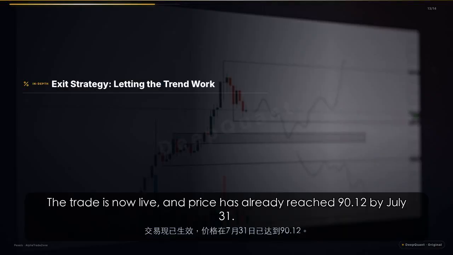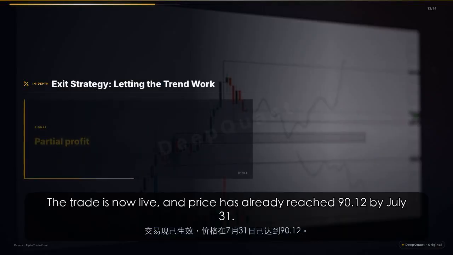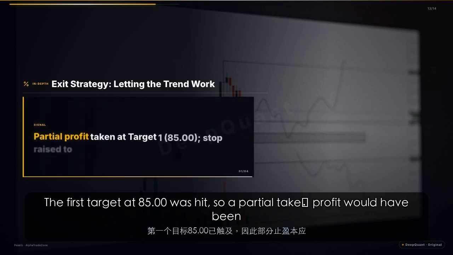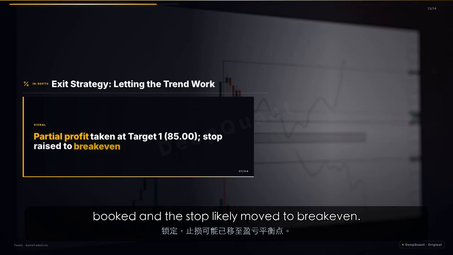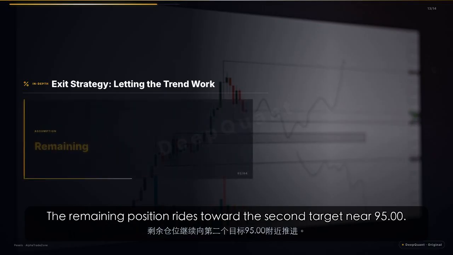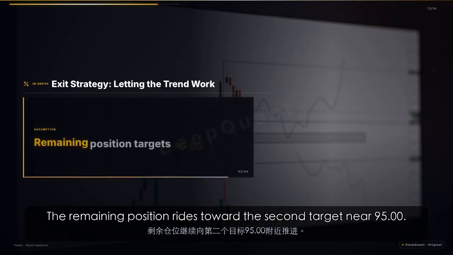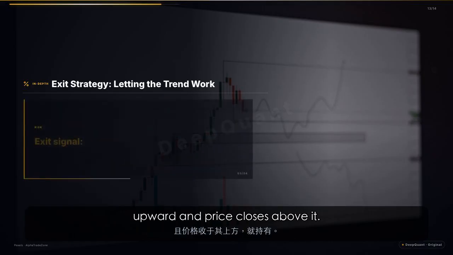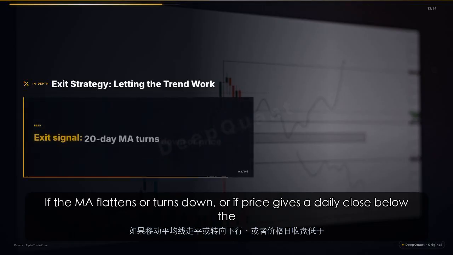The trade is now live, and price has already reached 90.12 by July 31st. The first target at 85.00 was hit, so a partial take profit would have been booked and the stop likely moved to break even. The remaining position rides toward the second target near 95.00. The exit rule is mechanical: hold as long as the 20-day MA continues to point upward and price closes above it.